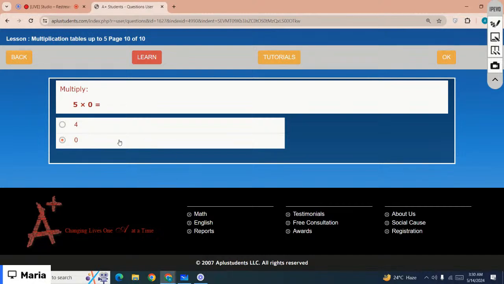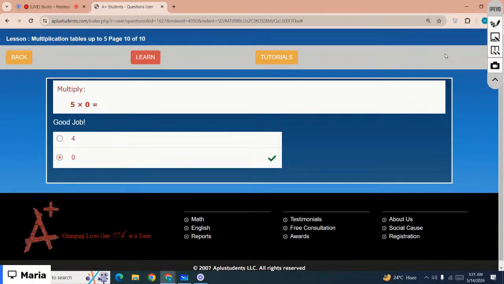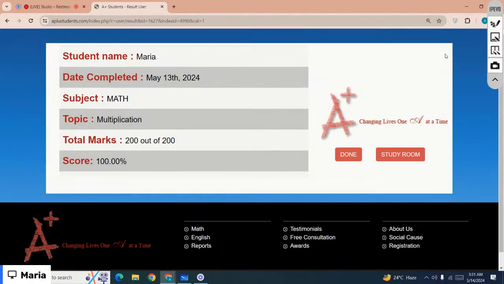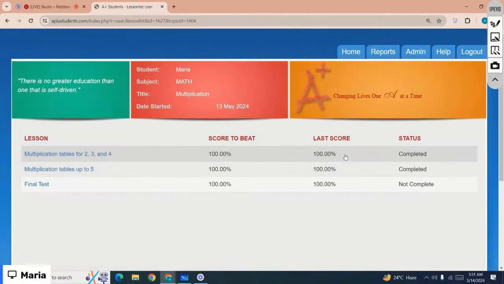It is 0 times 5 is 0. And I think we are done with the lesson. Also, once again, we are done with all the lessons on grade 2 maths.